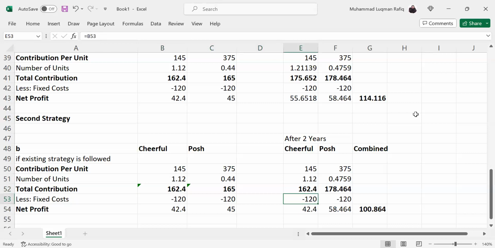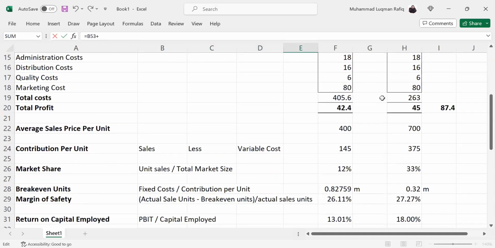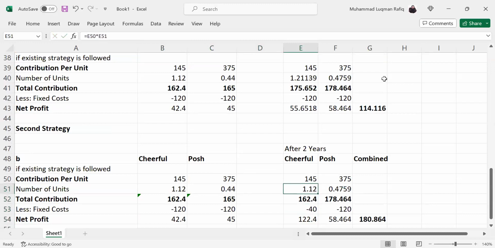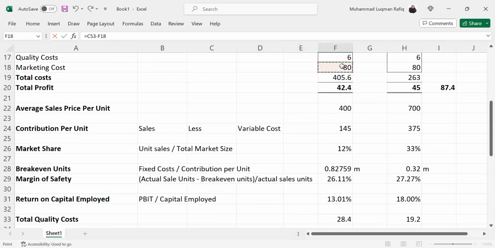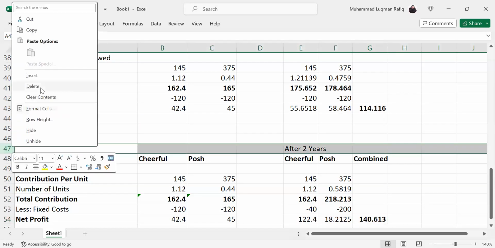The marketing spend is going to be reduced. And what's going to happen is that on this, you would have a 15% increase every year. The marketing spend is going to be allocated in here. Hence, you'd be able to reach 140 million as a combined profit. See, if the second strategy is adopted, this is what is going to happen.